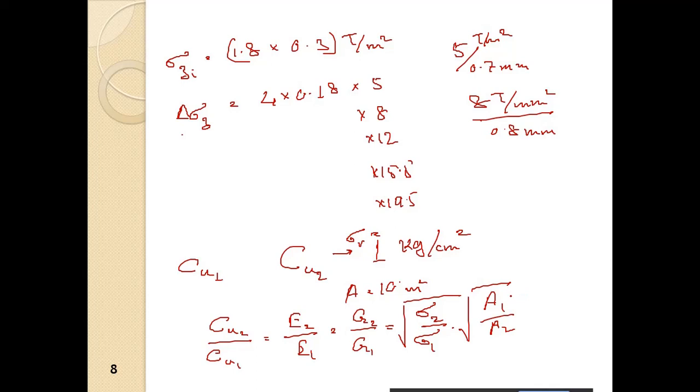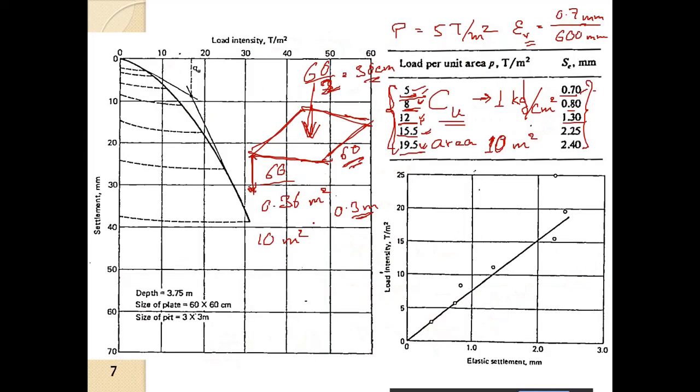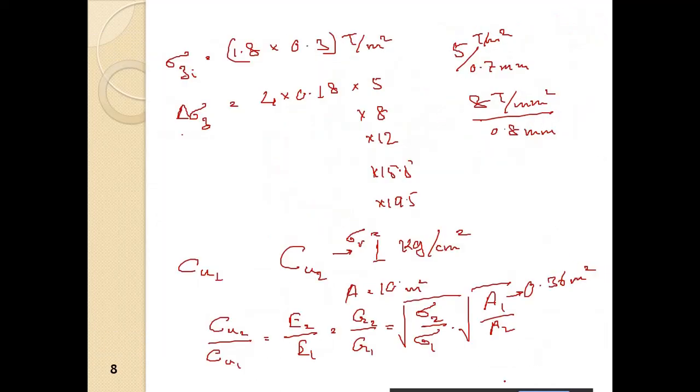A1 will be 0.36 meter square, which we have found out here, and A2 will be 10 meter square, which is required.